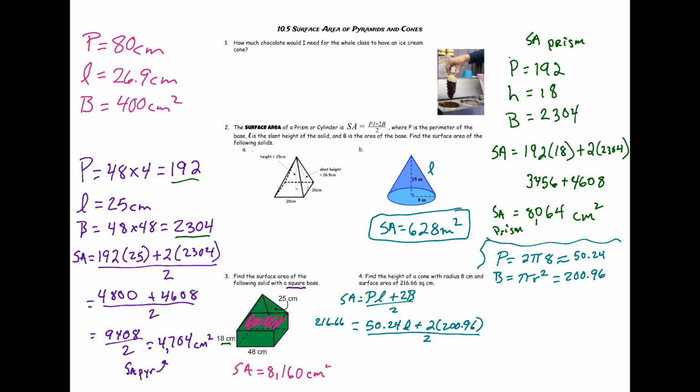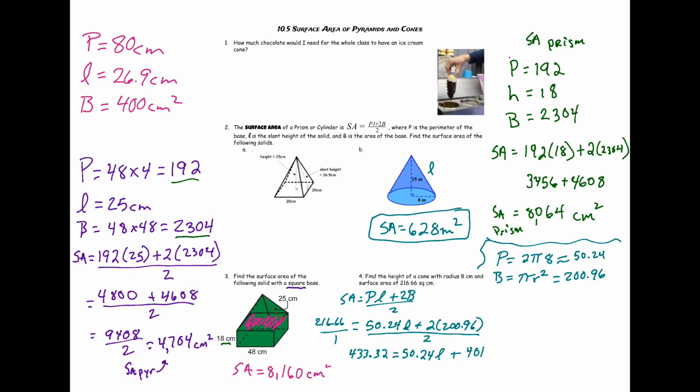So my first step is either you want to multiply by 2 or just turn this into a proportion and cross multiply. So we'll just multiply the 216.66 times 2 and get 433.32 is equal to 50.24 L. And then I'm just going to multiply those numbers right away. So 2 times 200.96, 401.92.